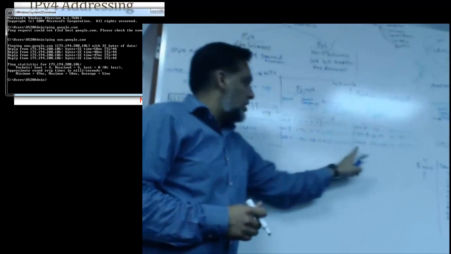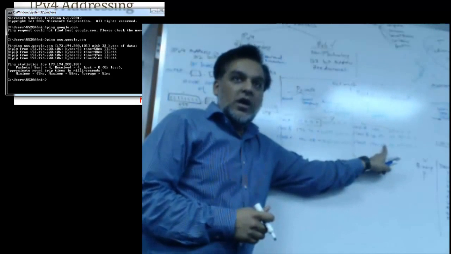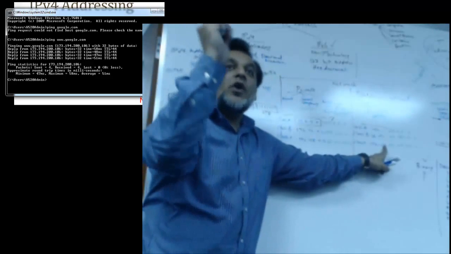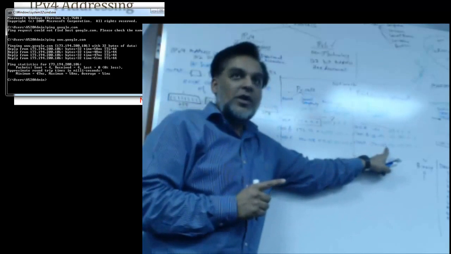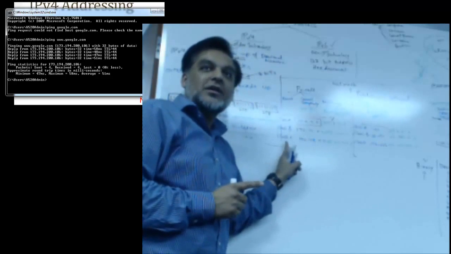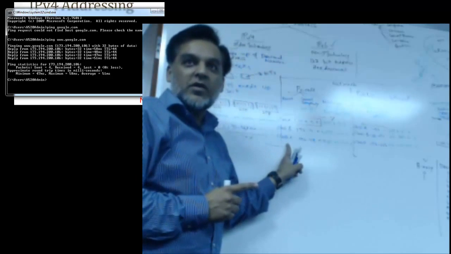Class C on both sides starts from 192 and goes to 223. Just one range within 192 is dedicated to a private network. In a few minutes, this will all be clear. So let's first understand this.